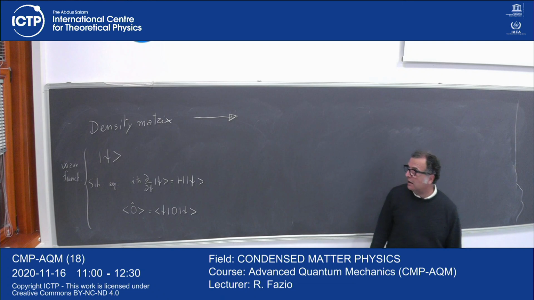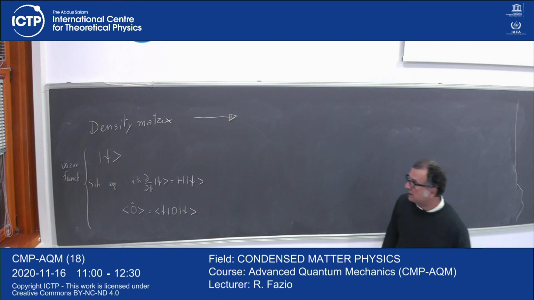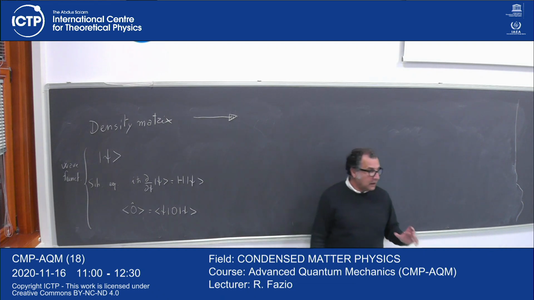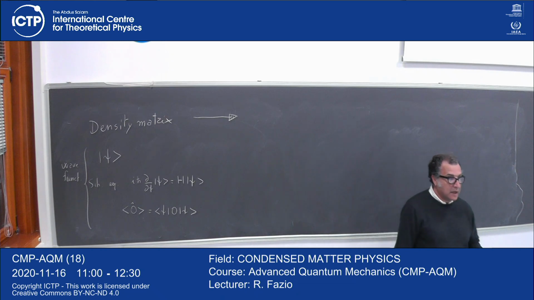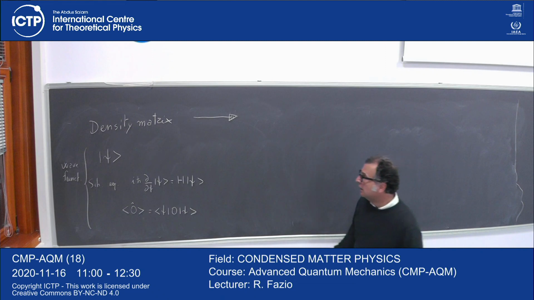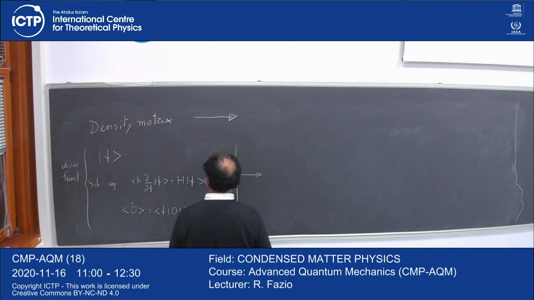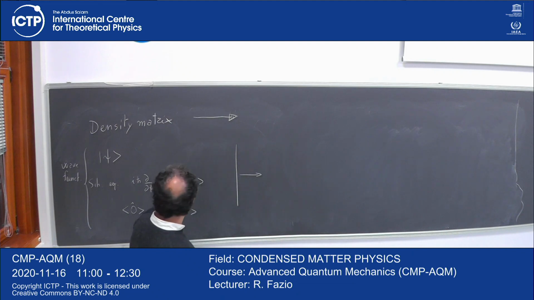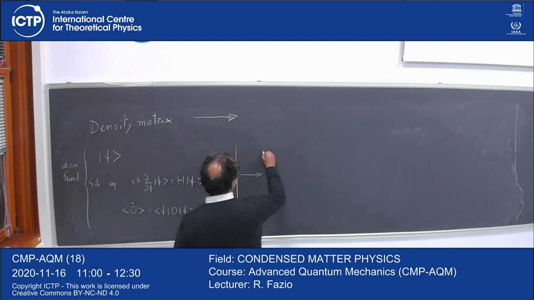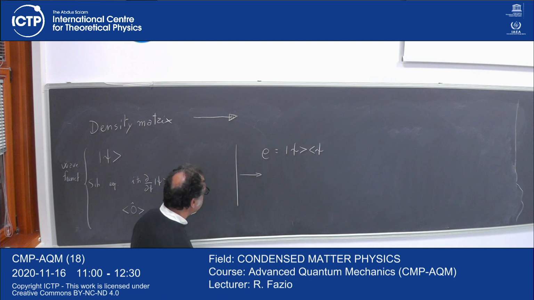I just repeat the same explanation as last time, but first let me say that if you have a system which is described by a wave function, then as well you can describe it using the density matrix, because instead of psi you will introduce a projector, which is |psi><psi|.